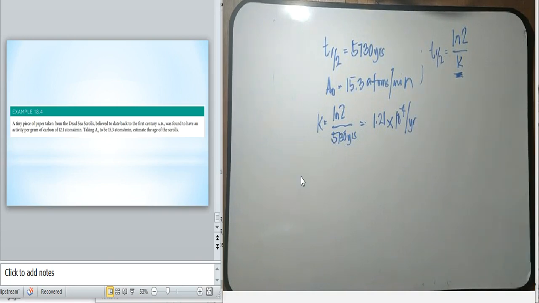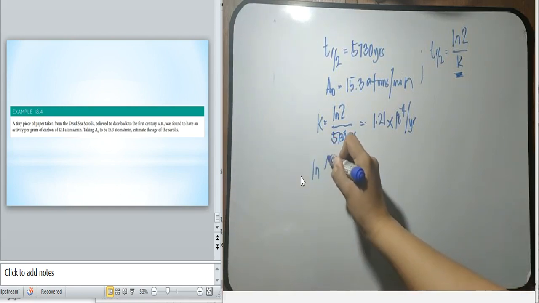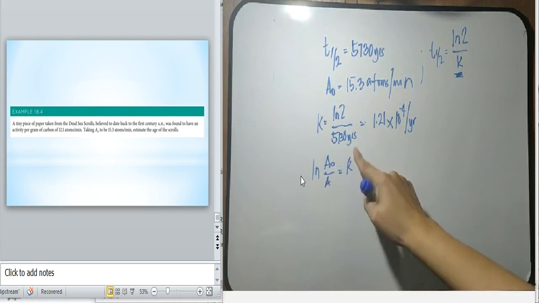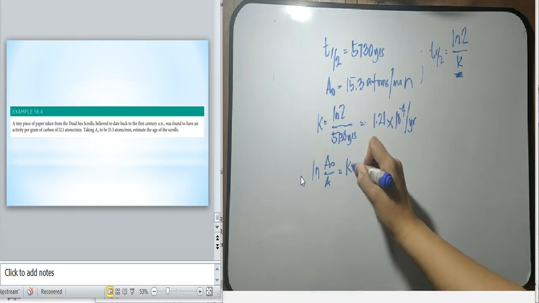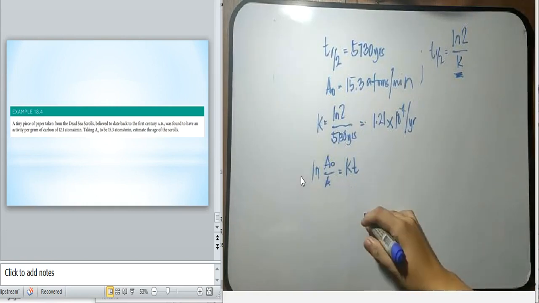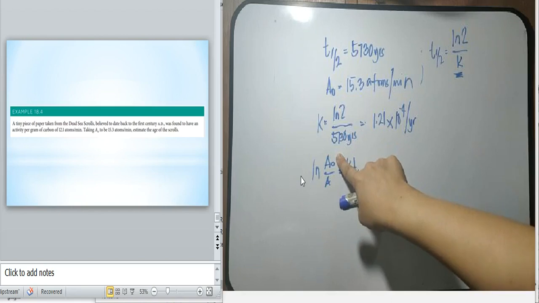Alright? Okay, so we are going to use this equation, ln A sub 0 over A is equal to KT. The question was to estimate the age of the scroll, so this is the unknown. We already have the K. We also already have the initial activity.